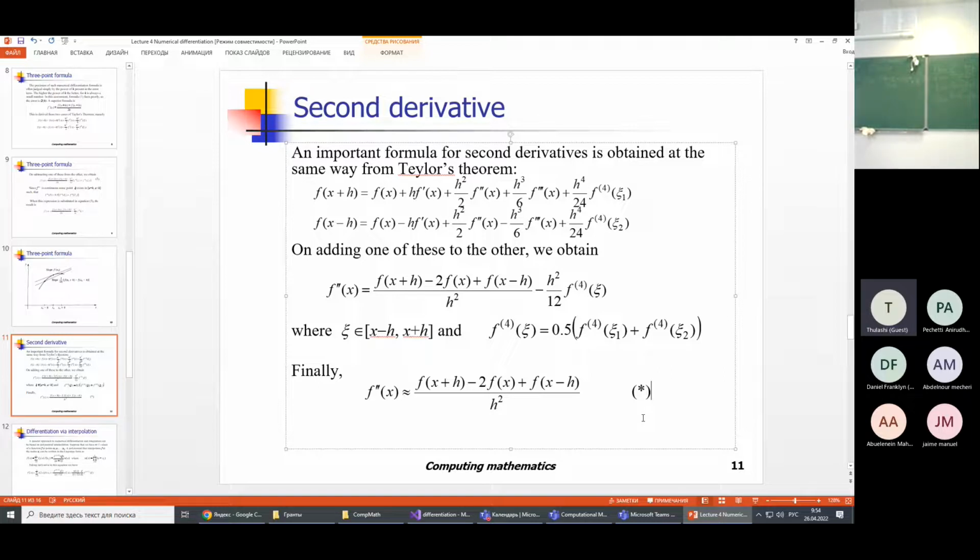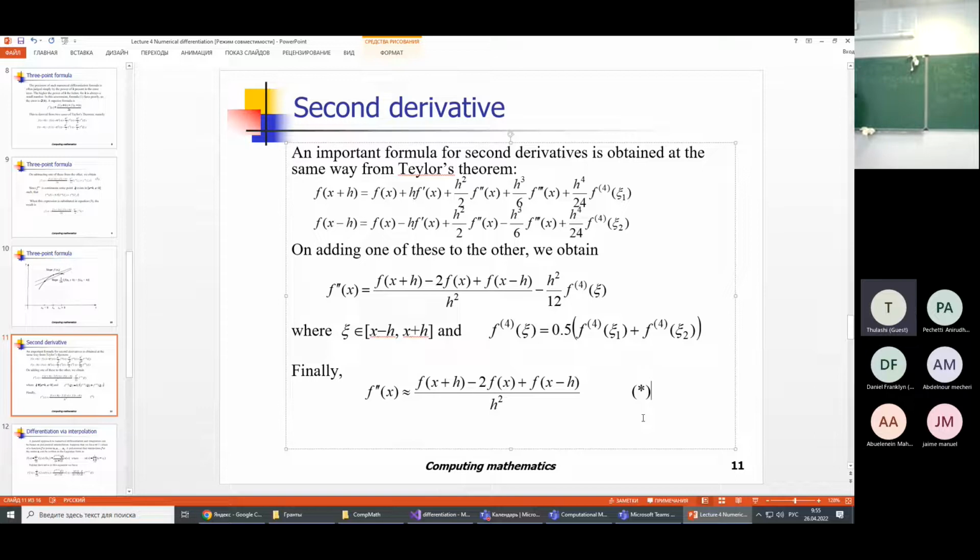What is the derivative of e power x? The same function. It's a very good function because the derivative equals the function. The second derivative, again, will be e power x.